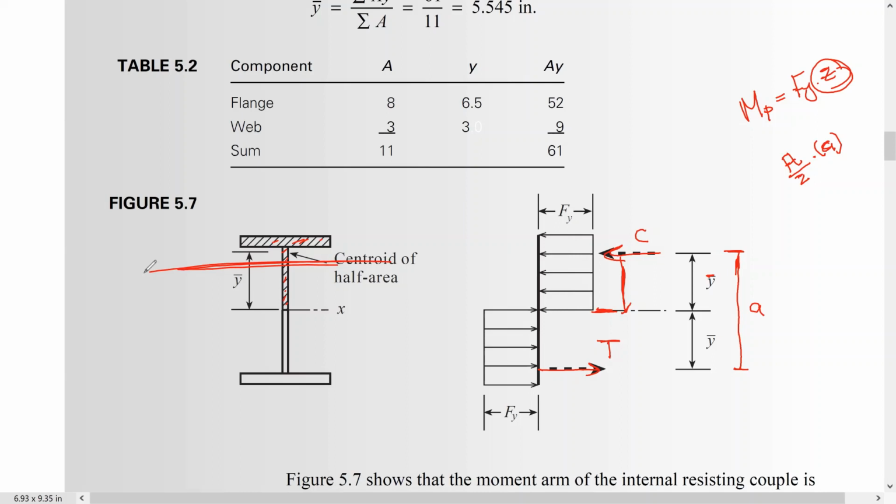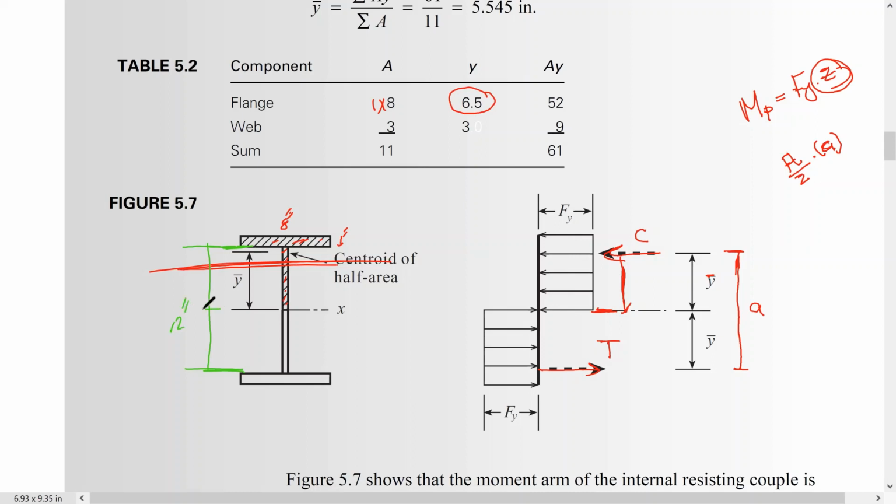So for the flange, the area is 1 times 8, because this was the width, 8. And the y here is equal to, this one was 12 inch, which is 1 foot.